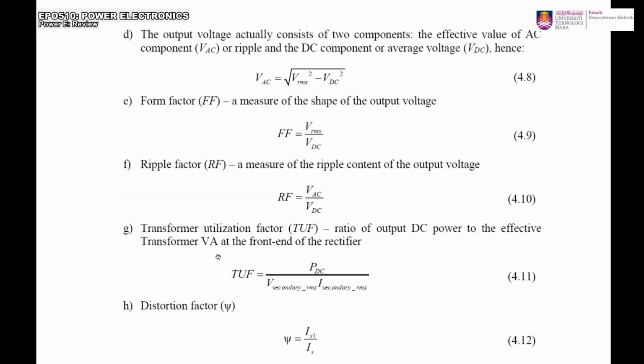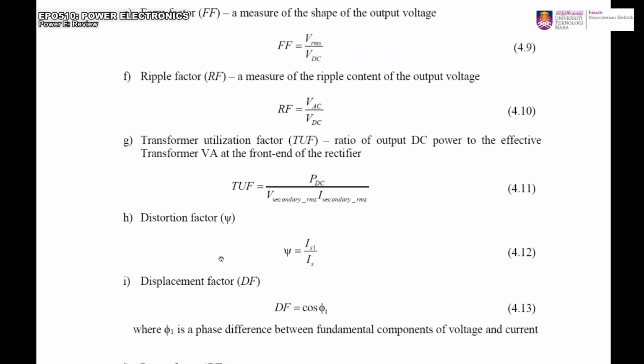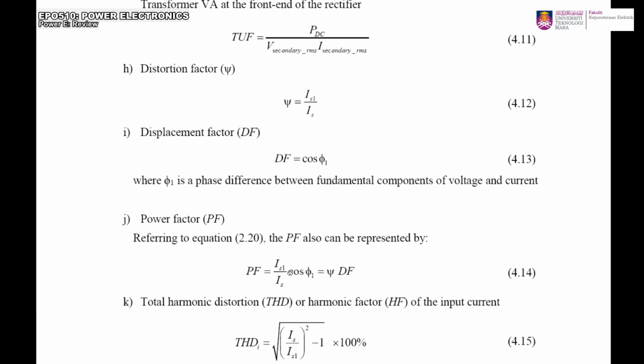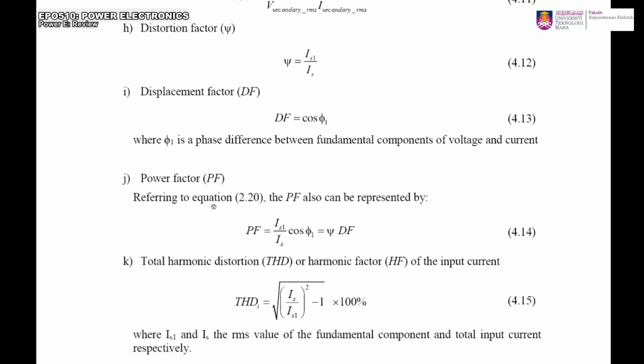This is less important. Distortion factor is important. Displacement factor is important, whereby the actual power factor equation is this one: IS1 over IS cos θ1.